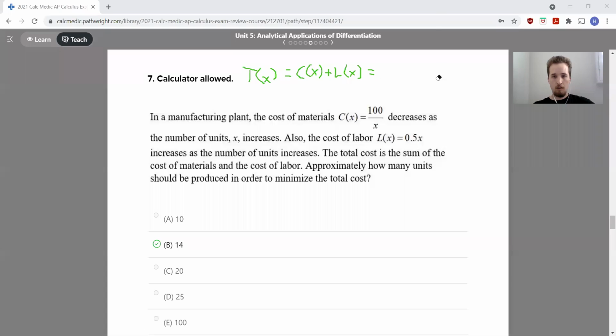So T of X is equal to, C of X is equal to 100 over X. L of X is equal to 0.5X.